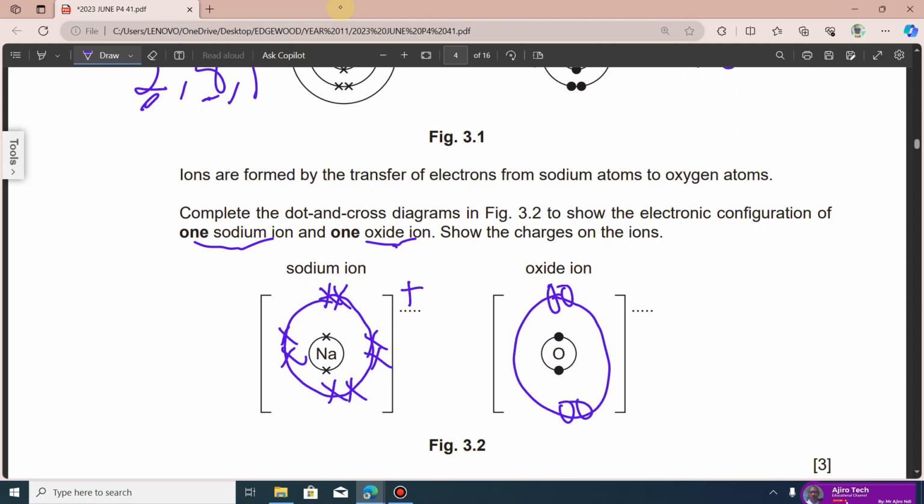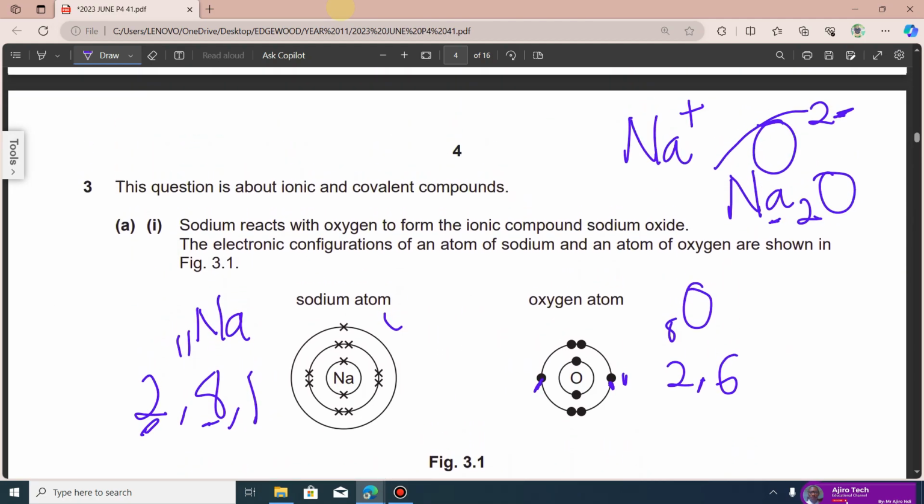So the spaces are here and here. Because the sodium ions will be donating 1 electron each, the first donation will take place here, and then the second one will equally take place here. So that is why, since it's receiving 2, it becomes 2 minus. Okay, so this is what you're expected to do to get the full 2 marks. This is an ionic bond representation, and this would give us the formula that we had here.